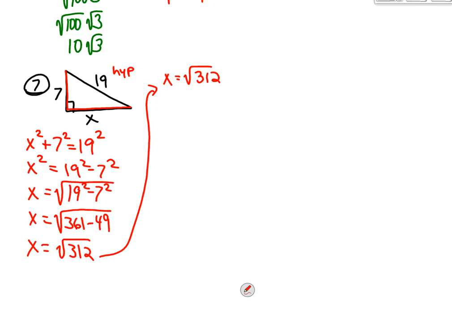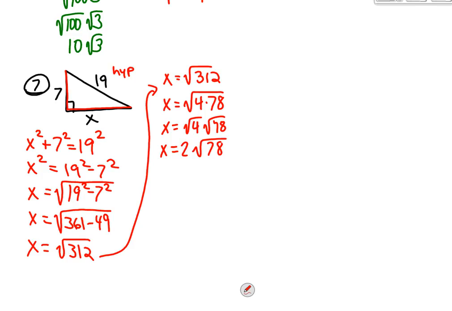And I want the biggest perfect square that goes into that. Well, I'm going to notice that 4 goes into that, so I'm just going to start with that. 4 goes into 312 78 times, so 4 times 78. And then x equals the square root of 4 times the square root of 78. And so x equals 2 the square root of 78.